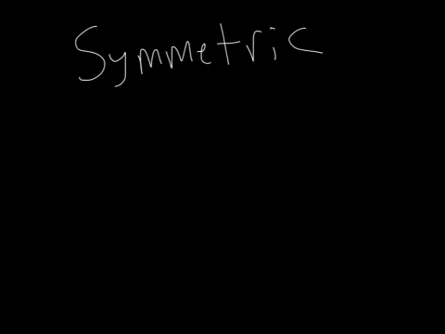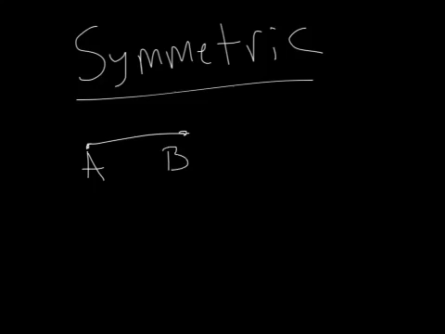Okay, next we have the symmetric property. Now, if something is symmetric, you might recognize this keyword here, symmetry. It basically is saying it's the same on both sides. Well, that's the same thing here. Let's say we had a segment AB and we had another segment CD, and let's say that we knew that these were congruent.